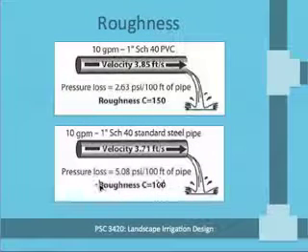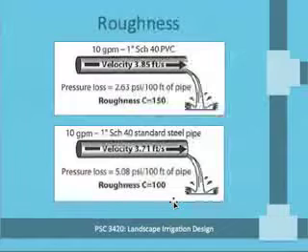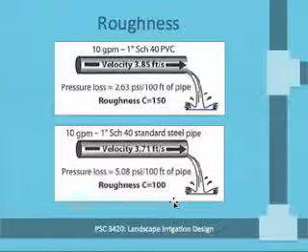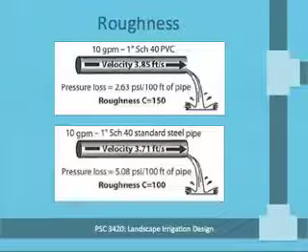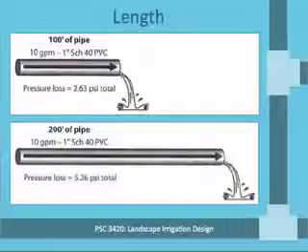And here, where the C factor is 100, the pressure loss is 5.08 psi per 100 feet of pipe, so just about double. So the smoothness of that pipe is a big factor in terms of friction loss and pressure loss in pipe.